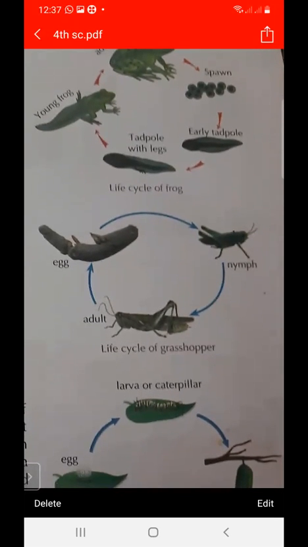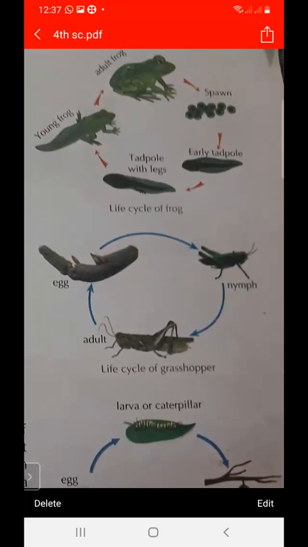And next is life cycle of grasshopper. And what is the life cycle of grasshopper? Firstly the egg gives nymph, and nymph gives the adult. In the case of frog, it contains 4 stages, but the life cycle of grasshopper contains 3 stages.